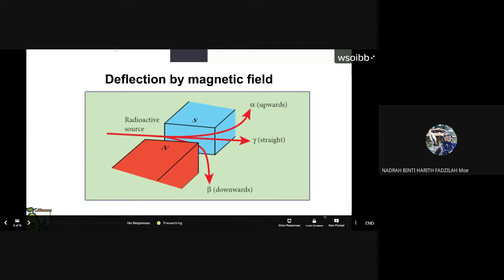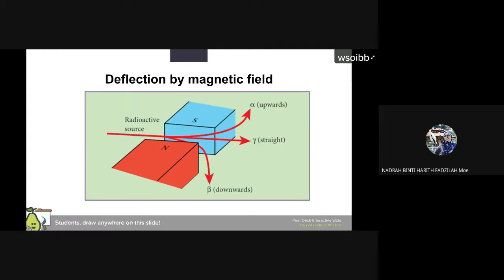For magnetic field lines, similar to what we have observed before, gamma ray will go straight. But for alpha ray or alpha radiation, it will move upwards while beta ray will move downwards.